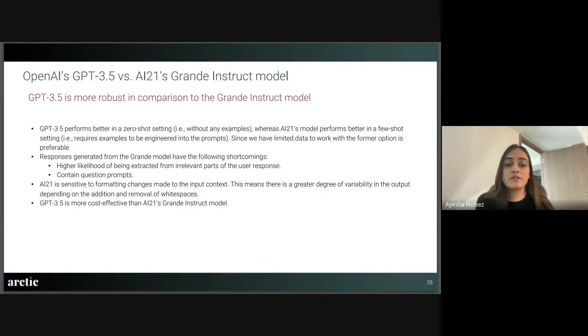So if there were any changes in the spacing, regardless of what the content was, then the outputs would differ. So they weren't very repeatable. And so for those reasons, we used GPT 3.5 as our model. It also proved to be more cost effective because the prompts were shorter.